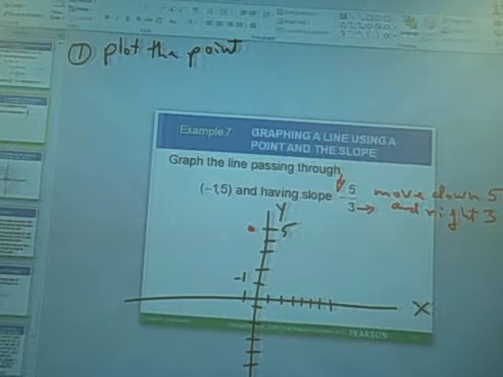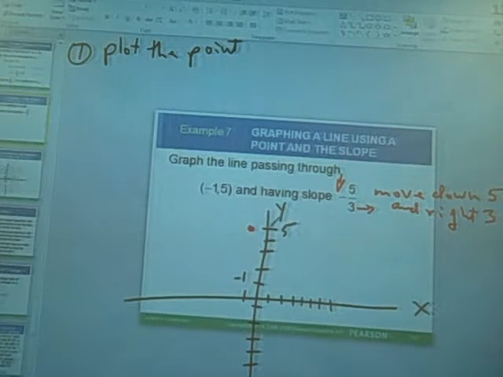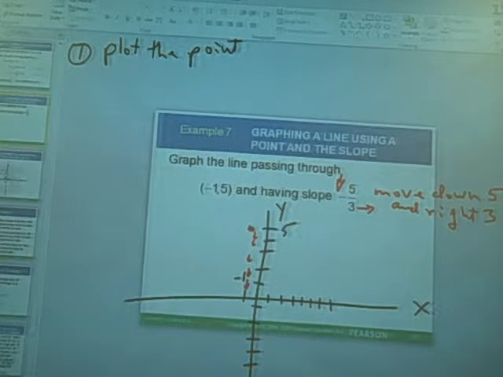So we start at this point, and then we're going to move down 5. 1, 2, 3, 4, 5. And then across 3. 1, 2, 3. Okay, so we move down 5.